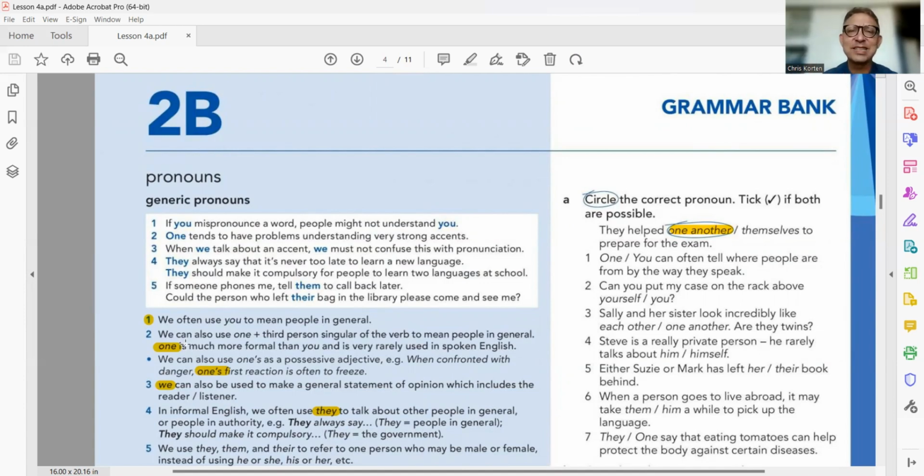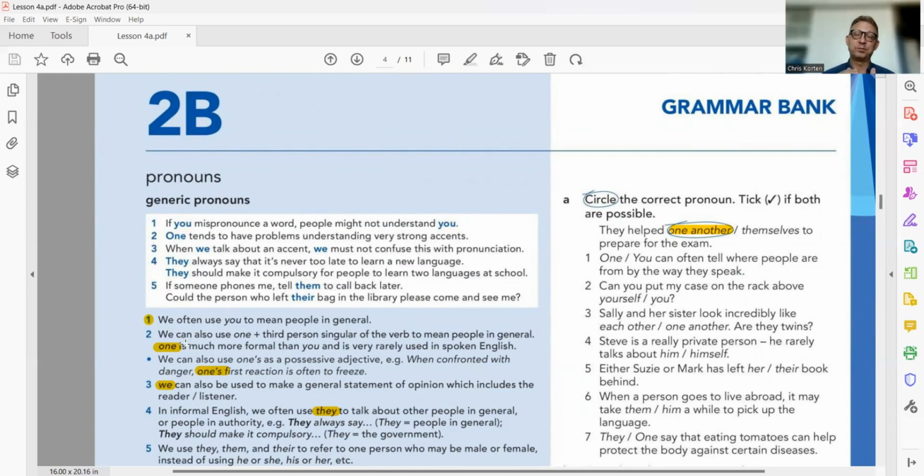And they might say, but I don't mispronounce it. And I would say, no, not you, just people in general. But this person's confused because I said you, but you in this case means everybody, the world, whoever's using English. So you has this universal sense. We call it a generic pronoun.